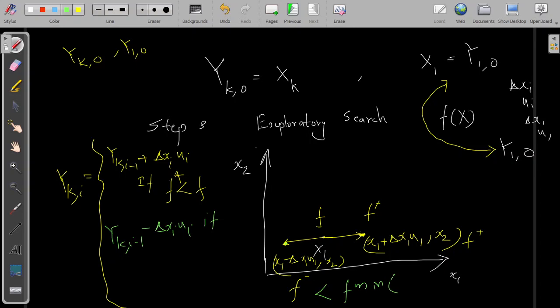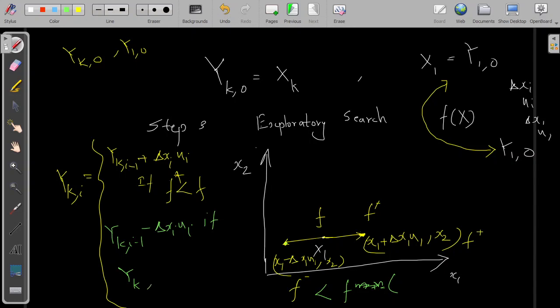Actually it is less than f, not minimum. If f minus is less than f, then this point will be the new optimum point, that is yki.